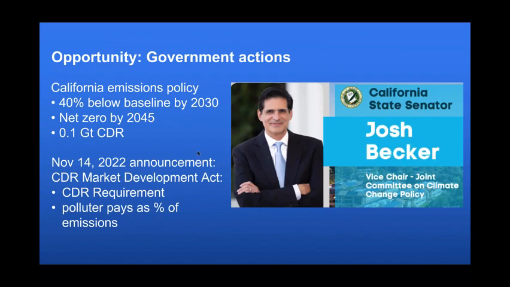And in fact, a state senator just introduced a bill which will require the main polluters to pay for CDR as a percent of their emissions. So they'll have to remove a percentage of their emissions every year, and the percentage increases over time, so that will enable that 2045 goal.